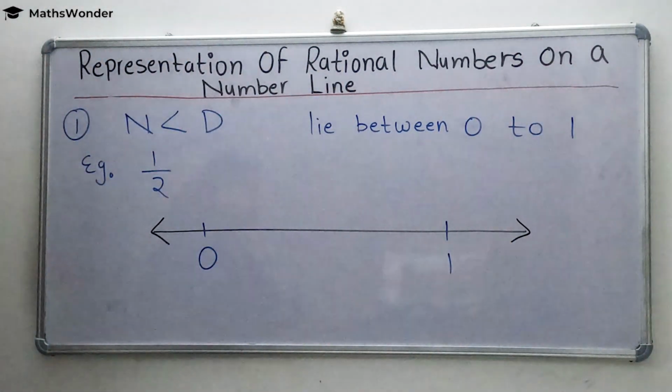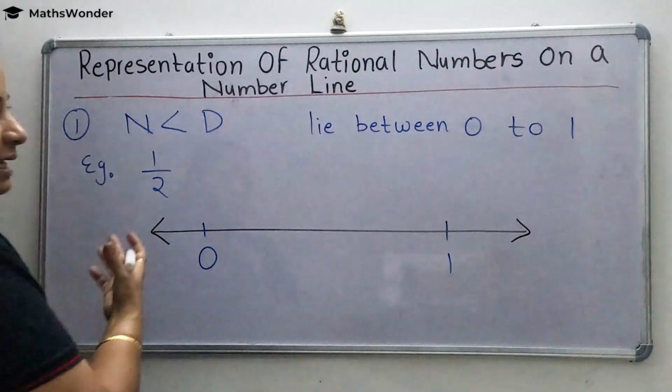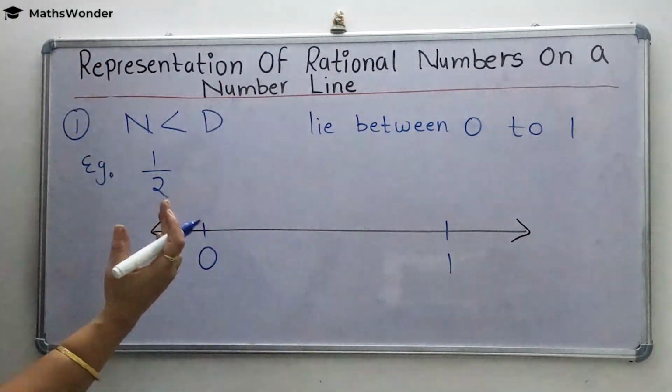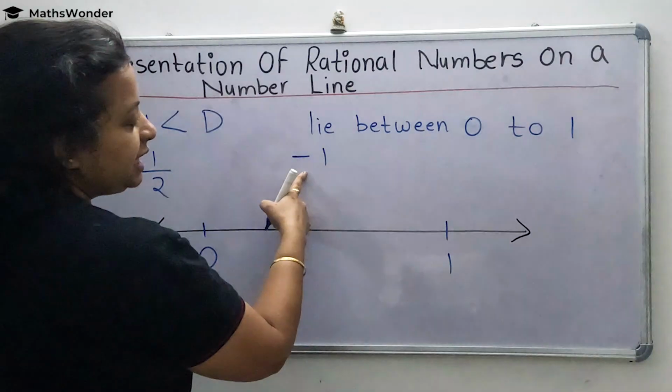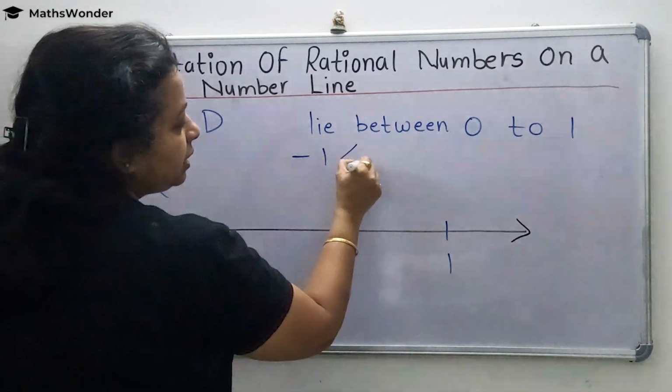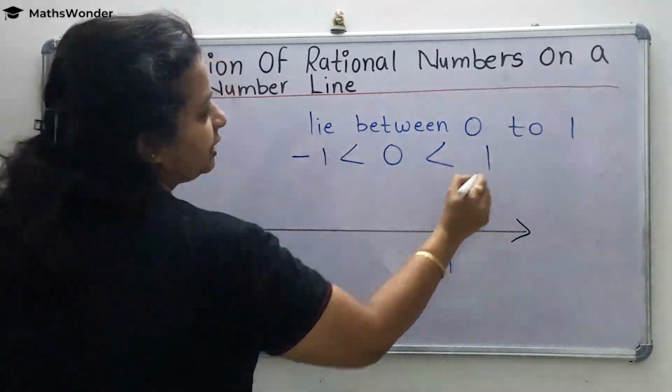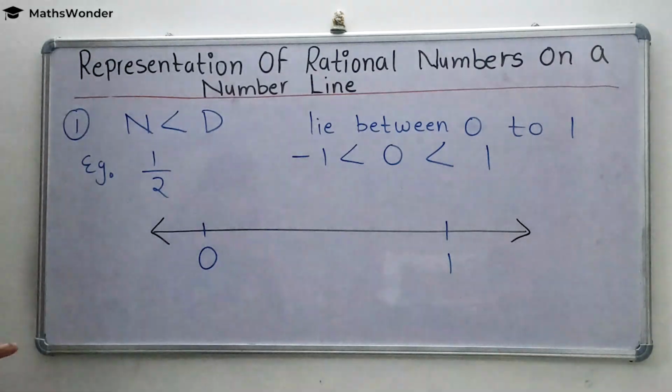This is for the fraction. Now because a rational number also includes the integers, this will be vast. So this one always lies between -1, 0 and 1.